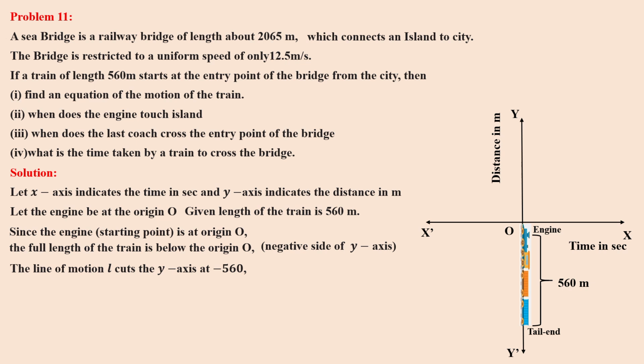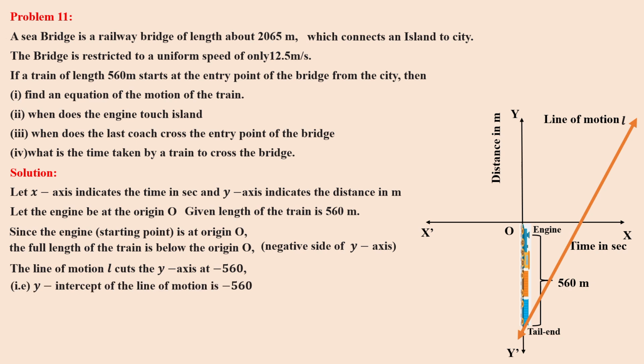So it is 560 meters below the origin, so the line of motion cuts at minus 560, on the negative side of the y-axis. So line of motion is like that, not from the front, right? You have to consider the whole length of the train, so you have to start from the end point of the train. The line starts from the end point, that is why, right?